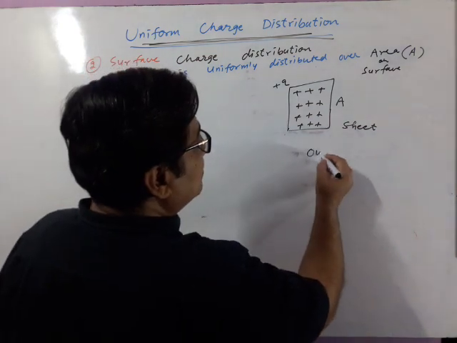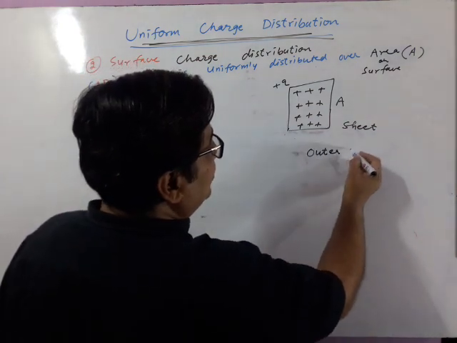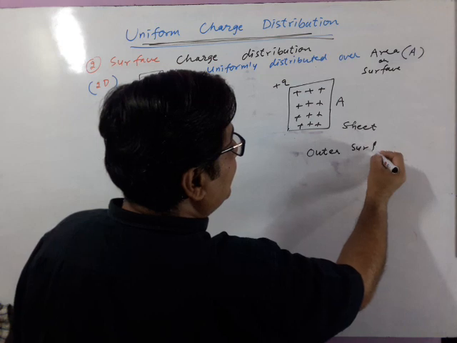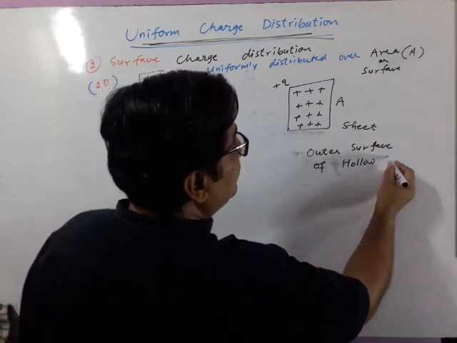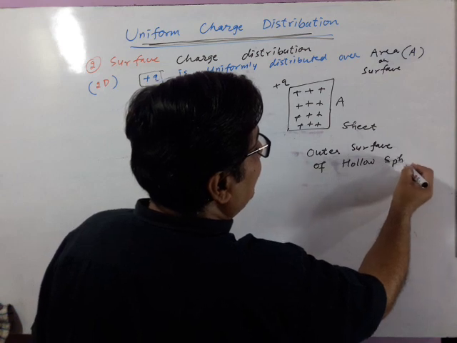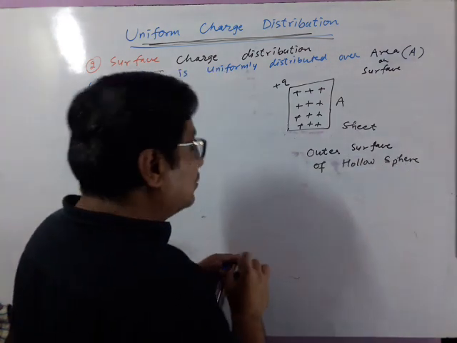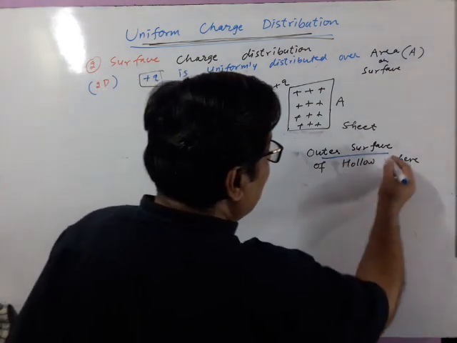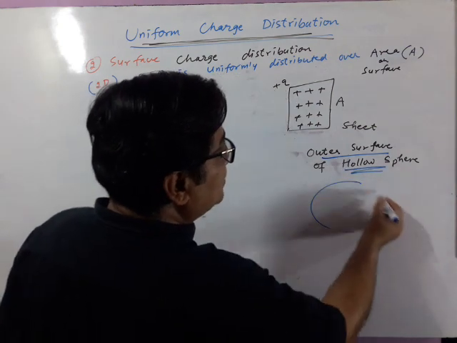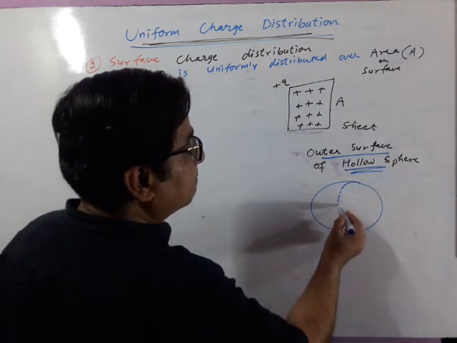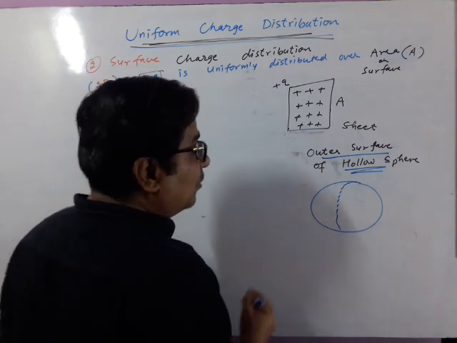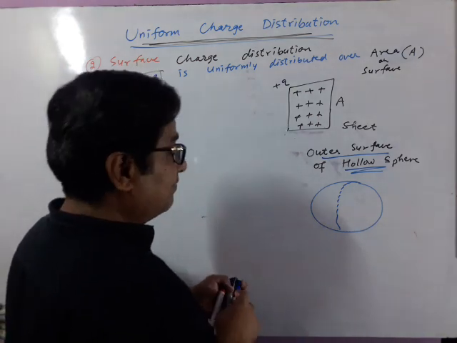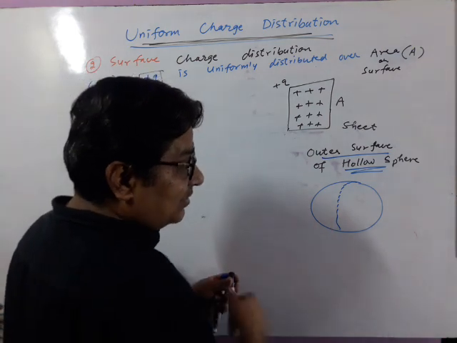For example, the outer surface of a hollow sphere is also two dimensional. Focus, a sphere is three dimensional, but I am talking about the outer surface of a hollow sphere. Imagine a football. The outer football is like a sheet. You cut the football, it is like a sheet.